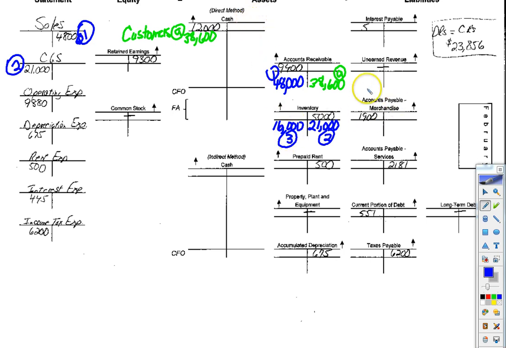But as long as there's this accounts payable merchandise account, that tells me MixMax purchases on account or on credit. So when they bought the $16,000, they also owed money for it. And that was the other side of that purchase transaction. So they owe money, the accounts payable will go up. So we have a debit to inventory, a credit to accounts payable.